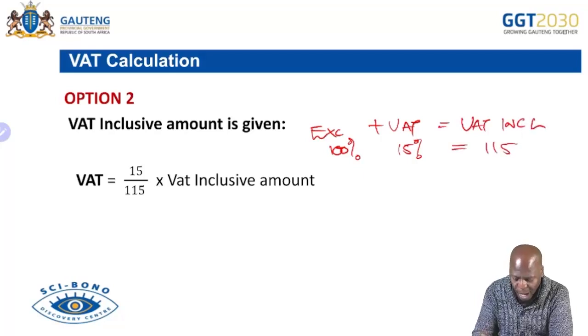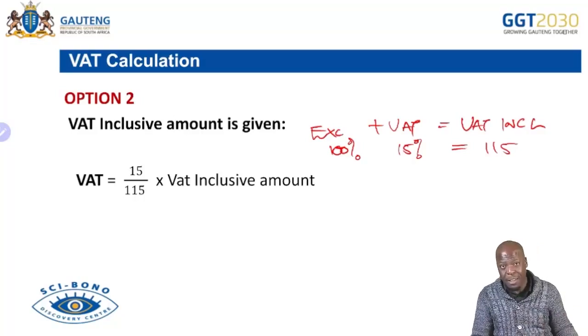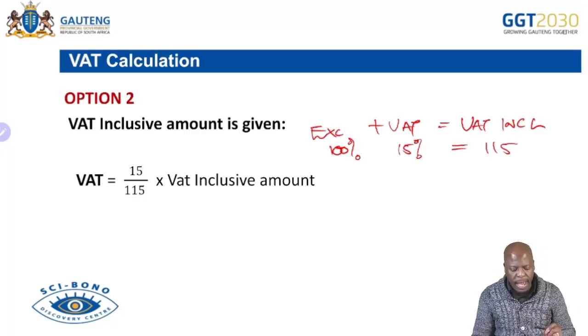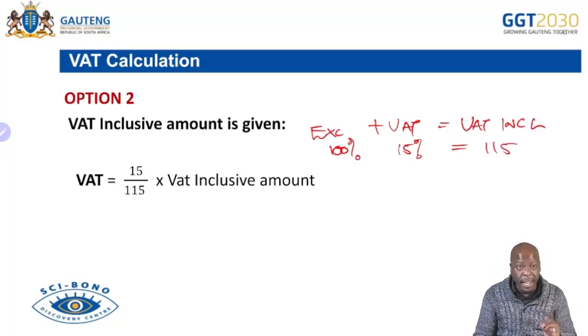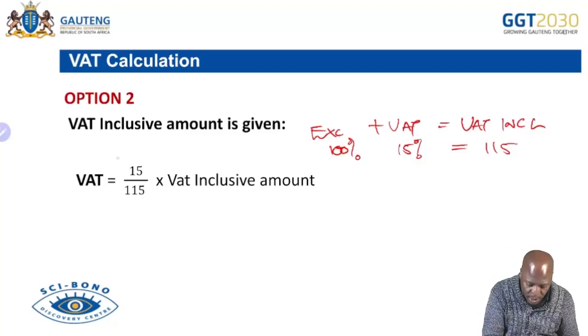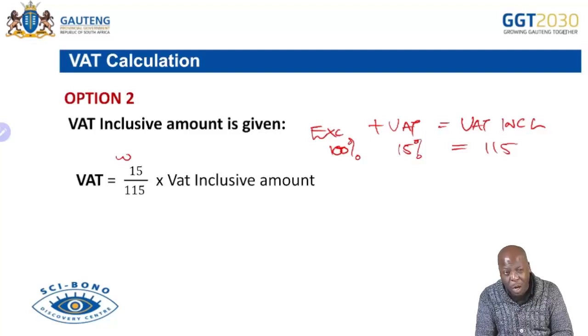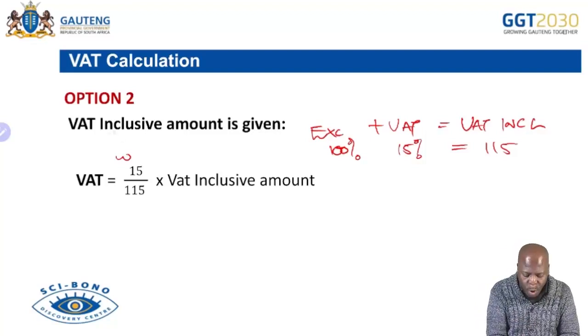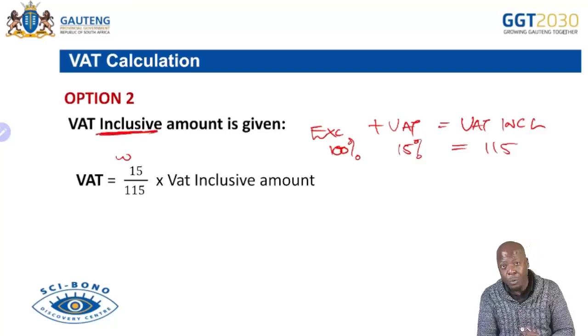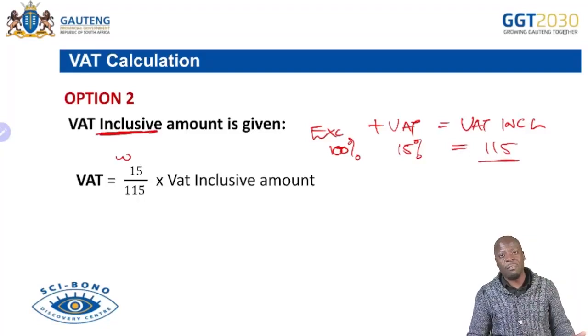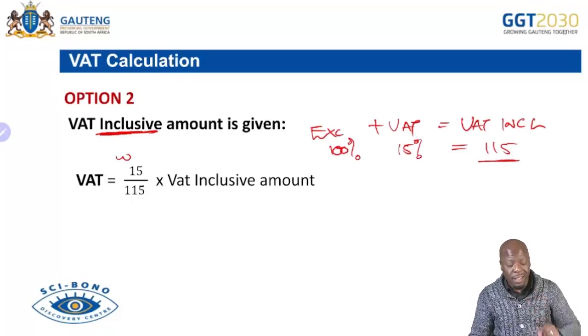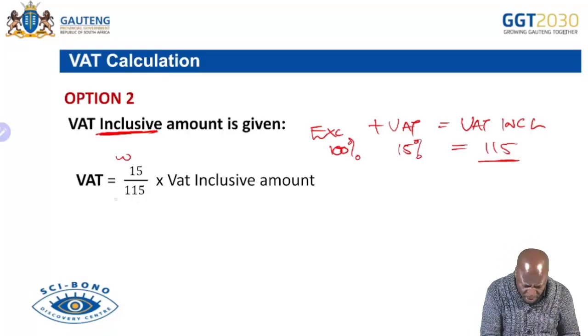So you have to know what you have. In this case, they want us to calculate VAT, so what we want is our VAT, which is 15 over 115. Why 115? Because we are dealing with an inclusive amount. Inclusive is 115. It already includes VAT. VAT is already embedded in the amount we're given.